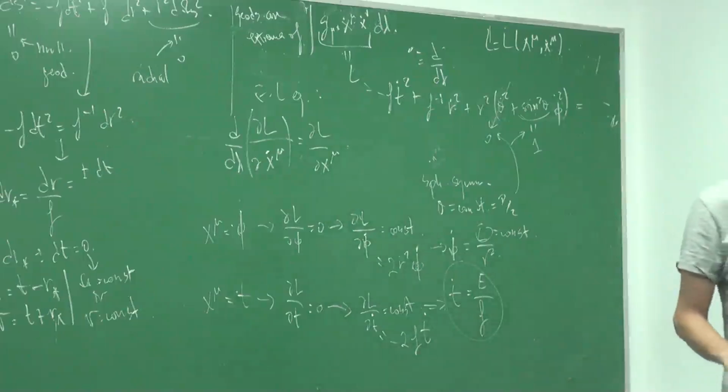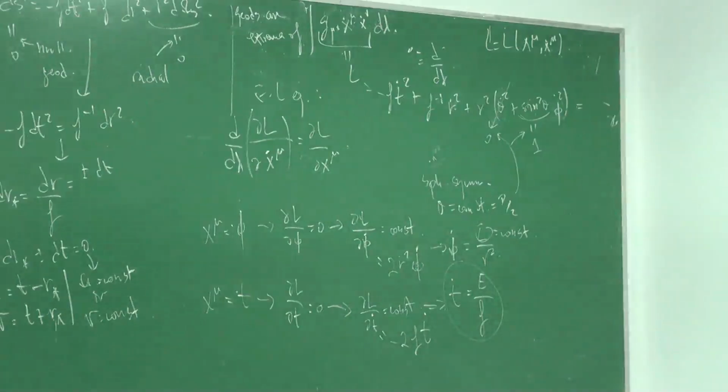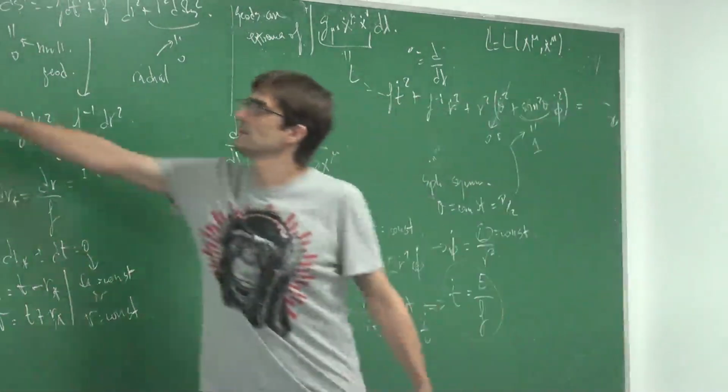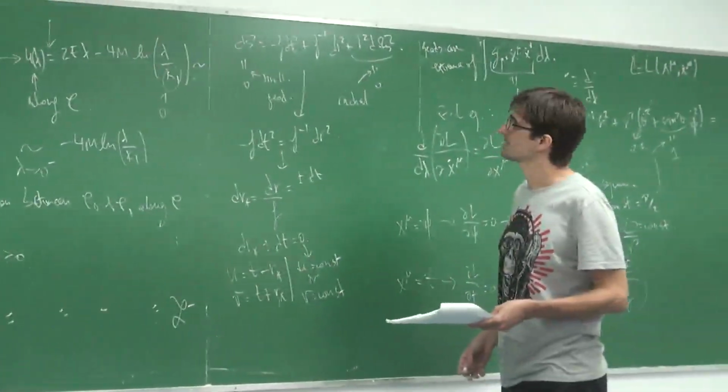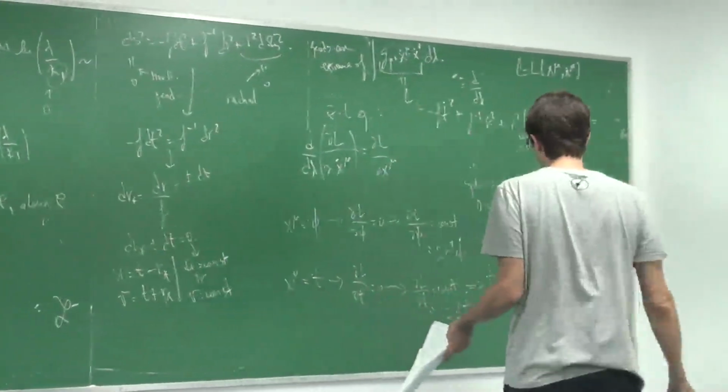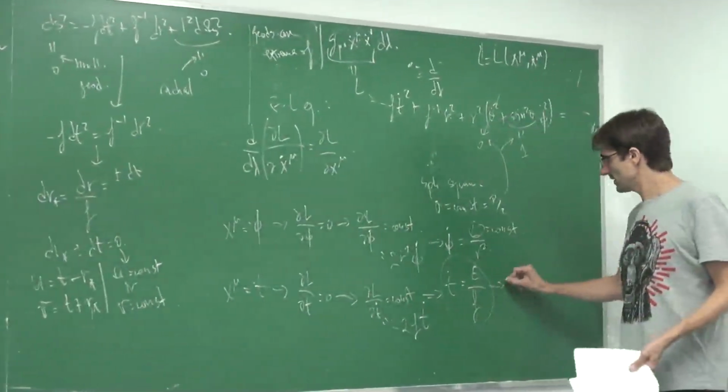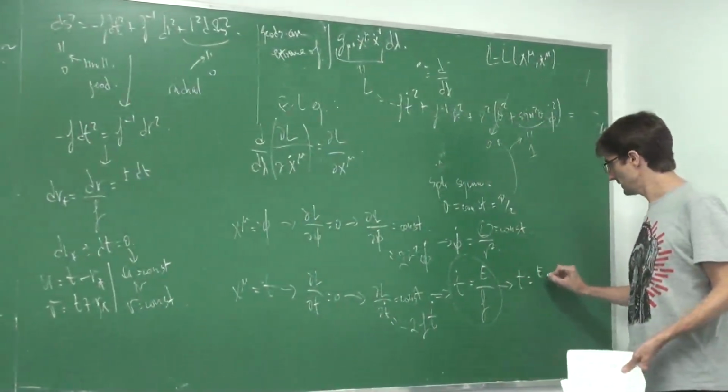That constant, we call it E. It corresponds to the energy of the geodesic at infinity. So the symmetry gives you conservation of energy. So that's where E comes from. So this tells you that f t dot is E.